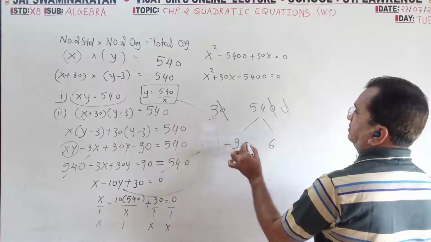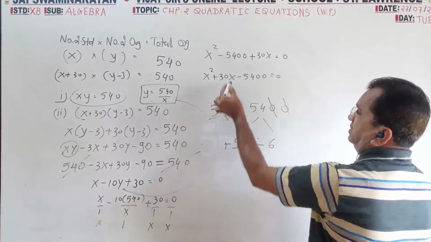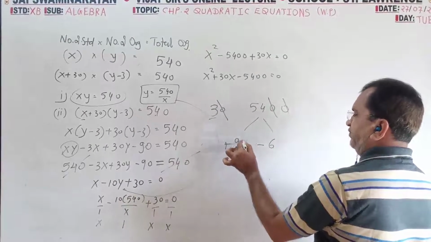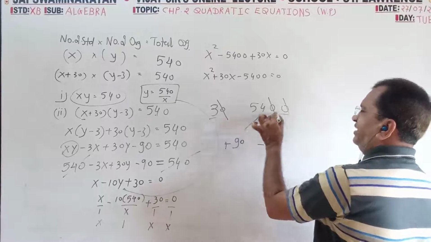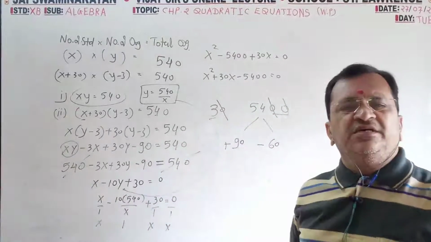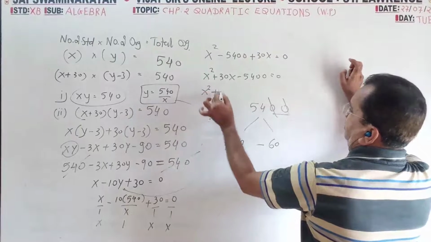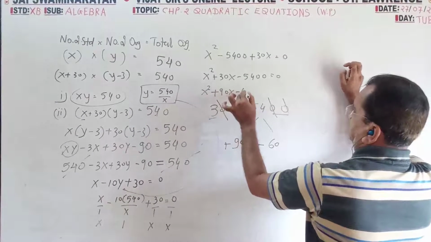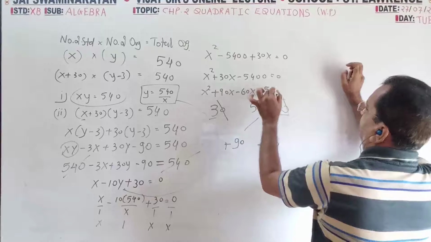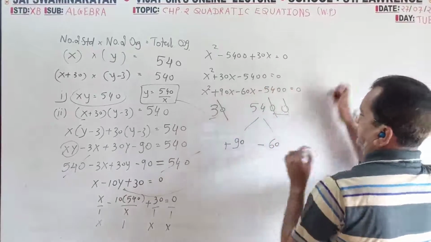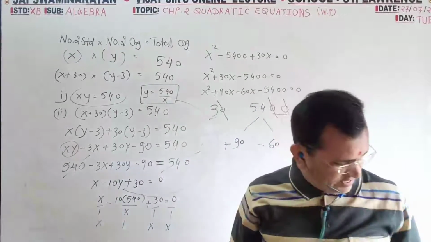So plus 9 minus 6 is equal to 30. So if I add 0, automatically two 0s will be added. Simple thing. So it is x square plus 90x minus 60x minus 5400.